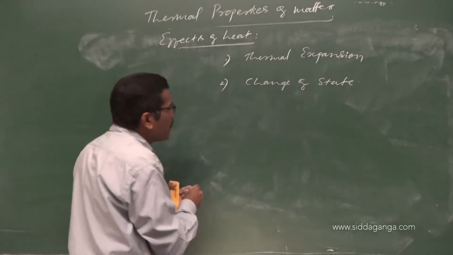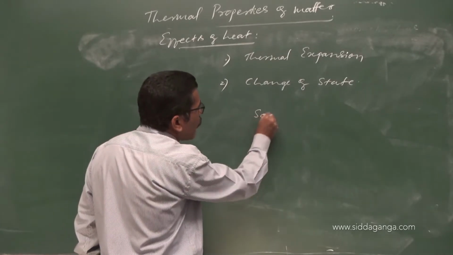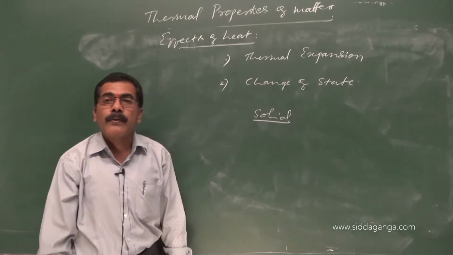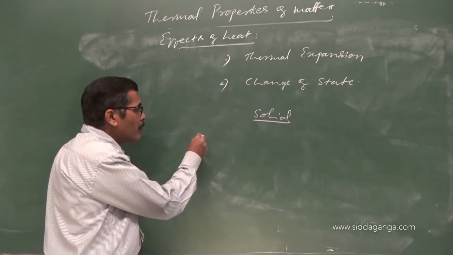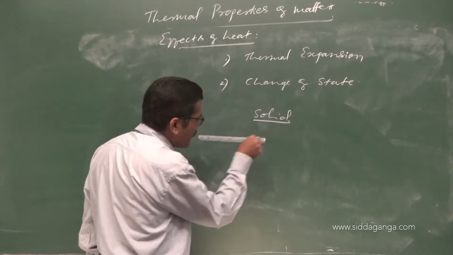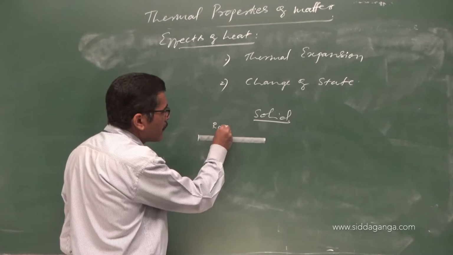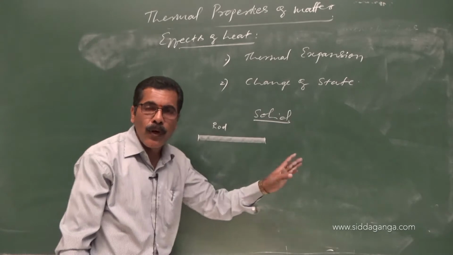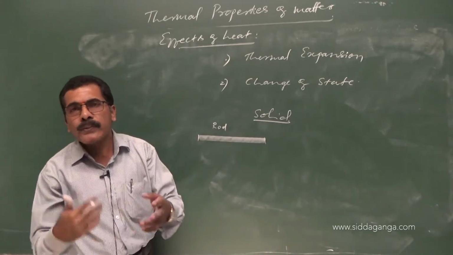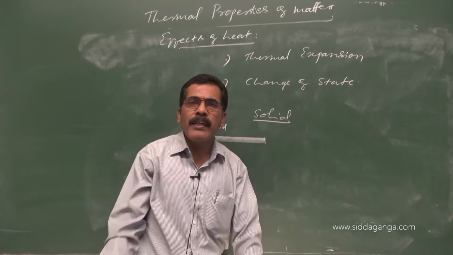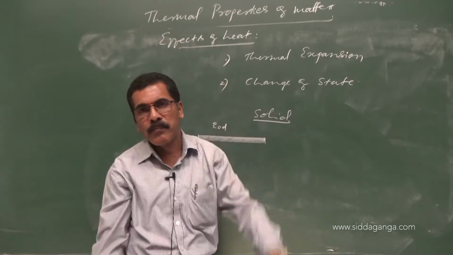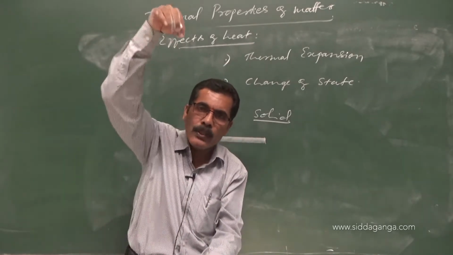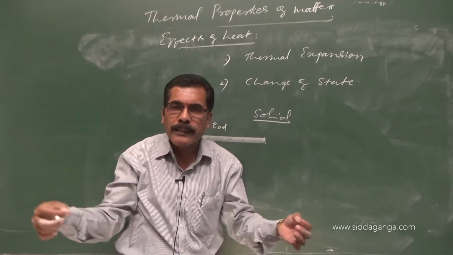So, when you take thermal expansion in case of solids, the solid may be in the form of a rod. You are supplying constant heat to this rod. How can you supply constant heat to the rod? Very simple: keep the rod in a steam chamber. You take a pipe, insert the rod inside the pipe, and supply steam to the pipe.